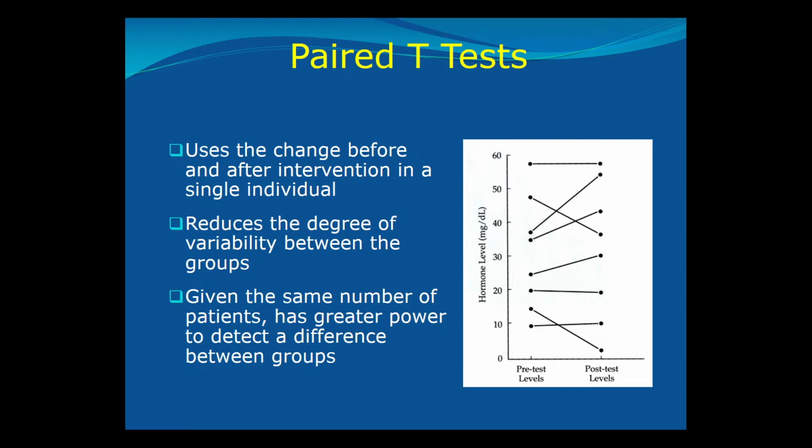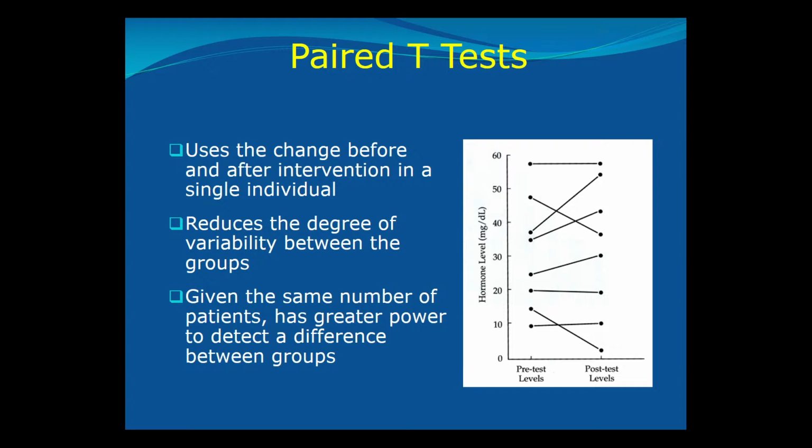Dependent samples mean that we use the same persons or same objects before and after the intervention, before and after the treatment. So the paired t-test reduces the degree of variability between the groups and, given the same number of patients, has greater power to detect a difference between groups.